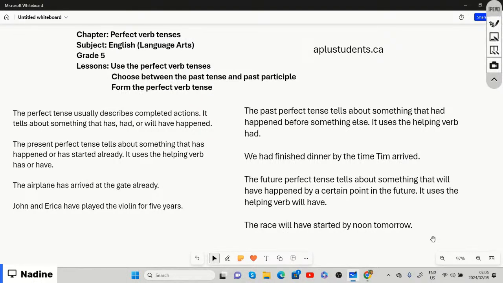All right, so we're doing perfect verb tenses. So the perfect tense usually describes completed action.